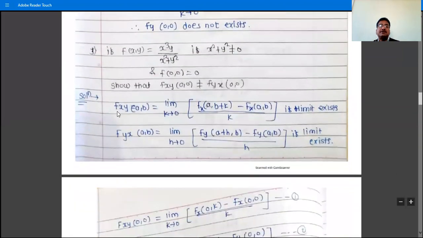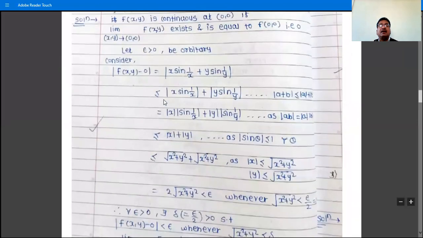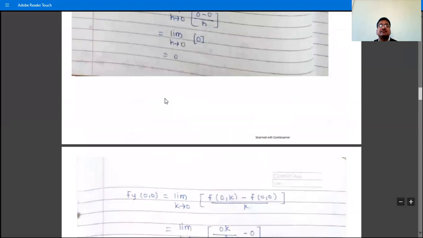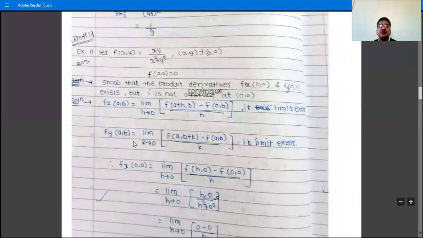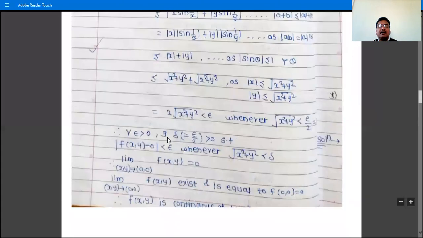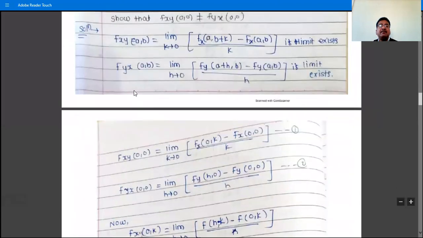Observe this definition: fxy means the derivative of fx with respect to y. And the derivative of f with respect to y is defined like this. We have to write the derivative of fx with respect to y, so just replace f by fx. So the limit as k tends to 0 of fx a, b plus k minus fx a b. This is the definition of the derivative with respect to y. And what is the meaning of fxy?